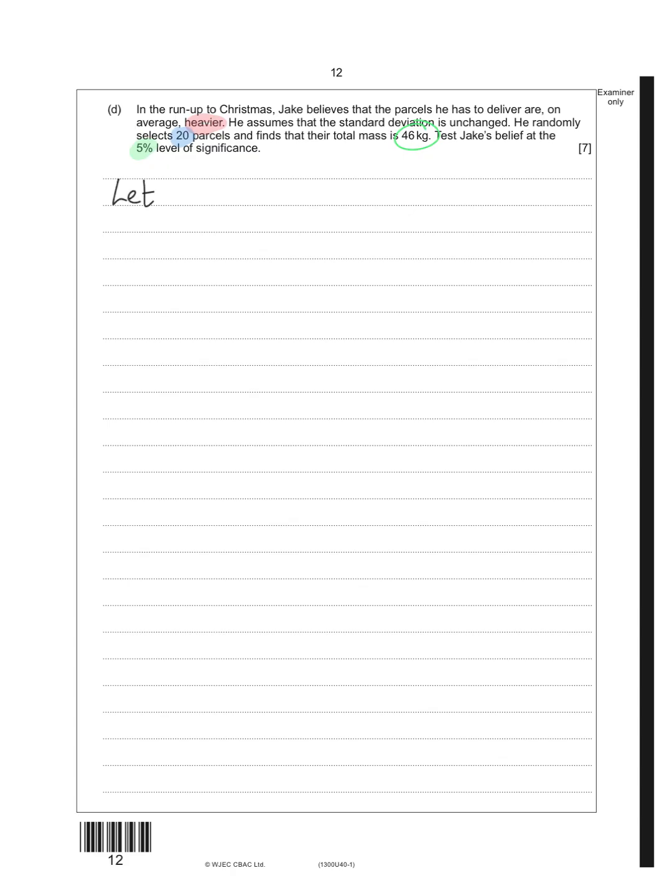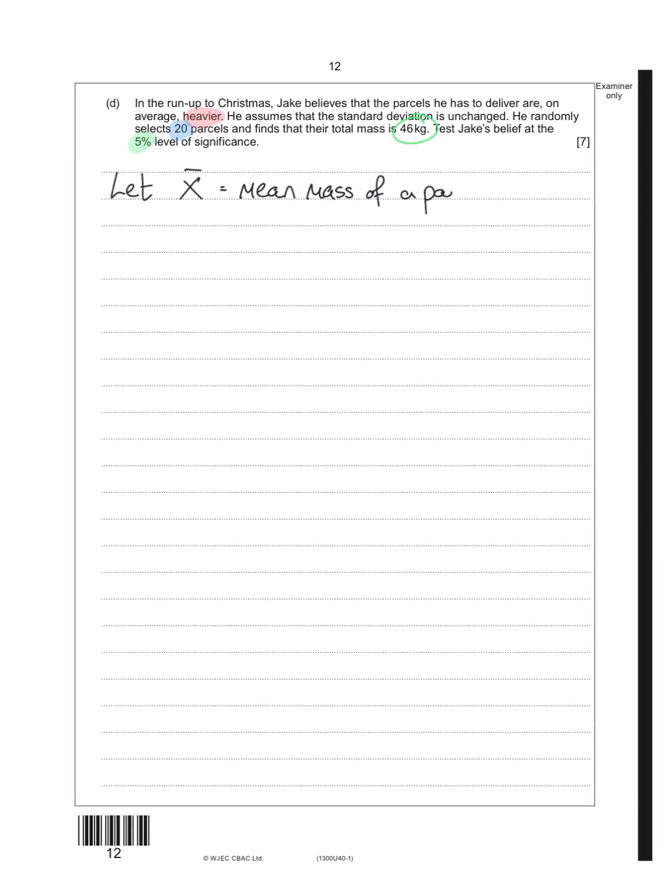Because now we're not dealing with just the mass of an individual parcel. We're dealing with something to do with a sample. Okay, let X bar be the mean mass of a parcel. Our hypothesis is that it's not going to have changed, so we've still got 2.2, and we're investigating the claim for Jake, whether actually they've gotten heavier.